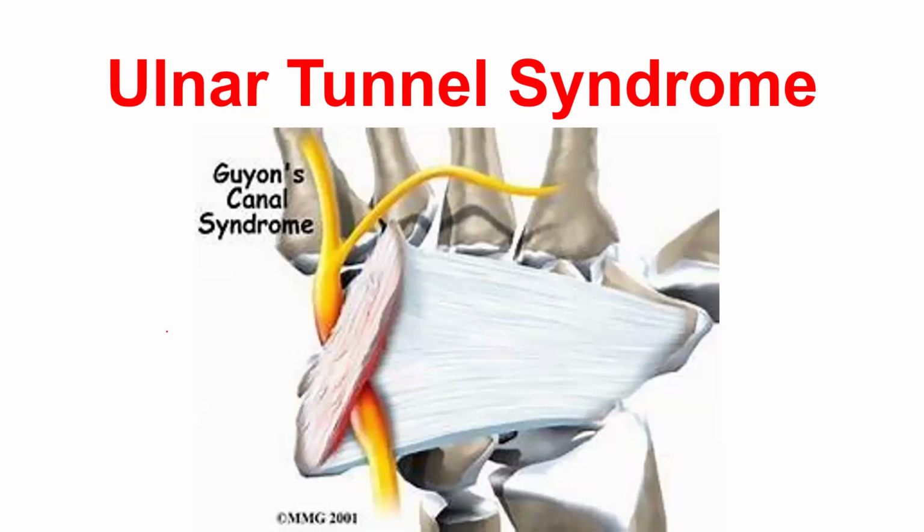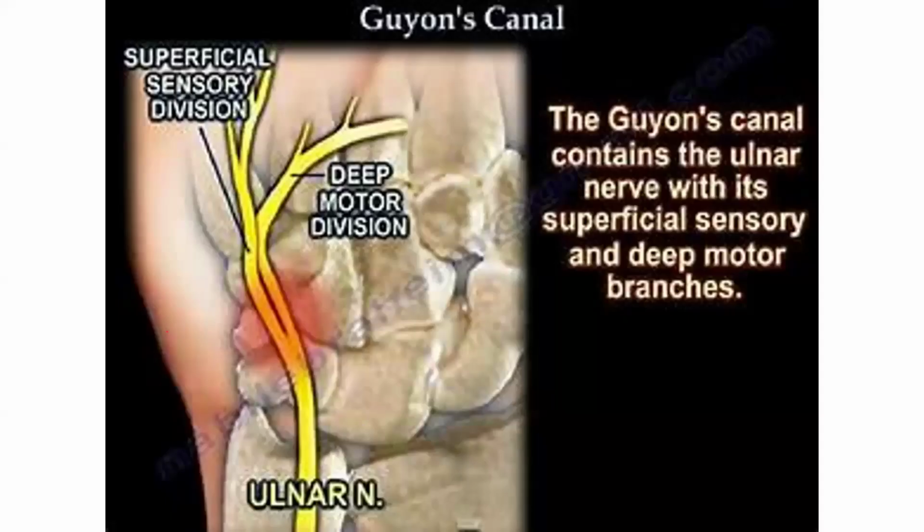Now, ulnar tunnel syndrome. Over here is the ulnar nerve as it's passing through a tunnel. This tunnel is known as Guyon's Canal.